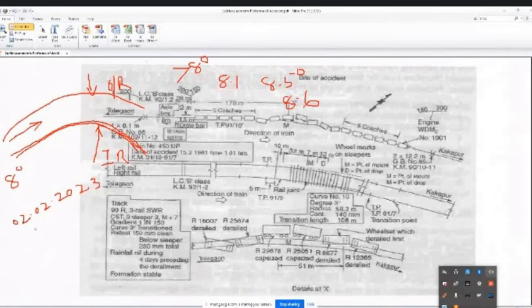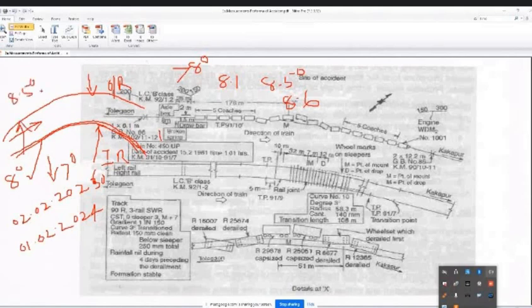Then the next year, say on 2nd February 2024, will it be 8 degree? No. Because of our trains, what will happen? The curve may alter. 8 degree may become 7 degree or 6 degree, also possible, or it may become 8.5 degree or 9 degree, okay, or 10 degree, also possible. That means this curve is likely to alter.